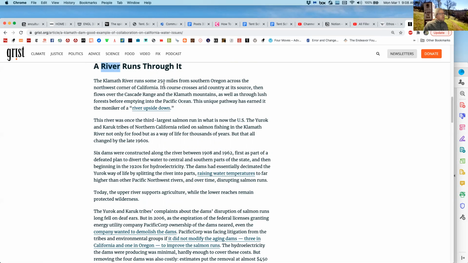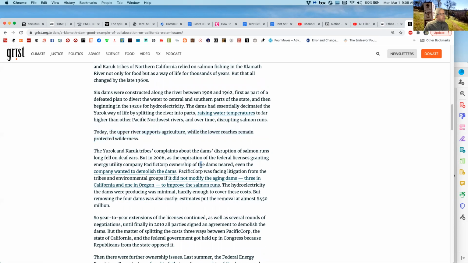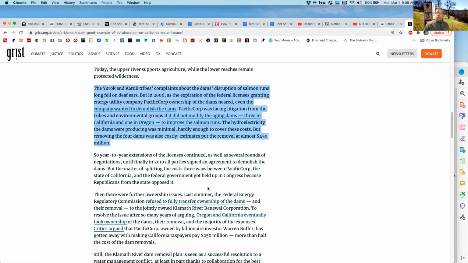That is, their knowledge of the river, their knowledge of salmon, their knowledge of dams, and then finally agriculture, and of course, their understanding of the tribes that have lived along that river for quite some time, for at least 250 years.